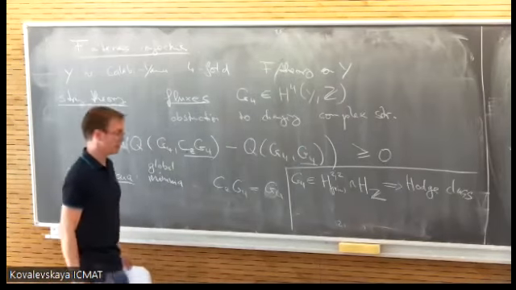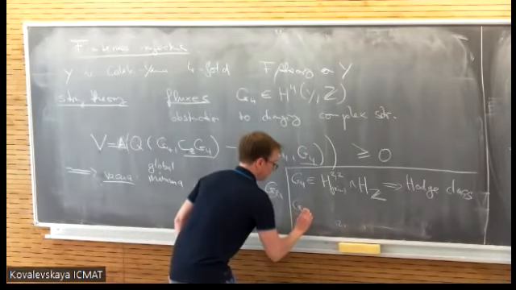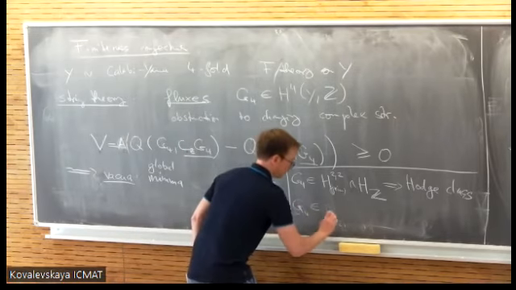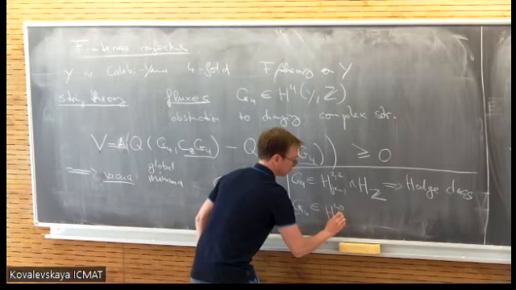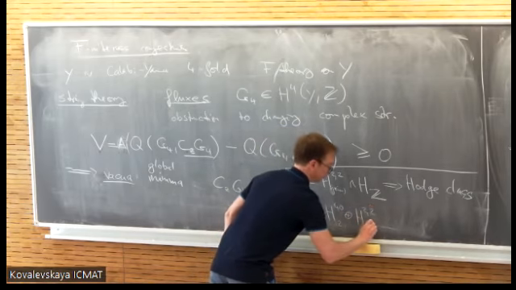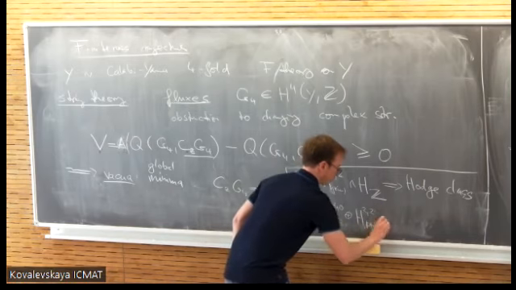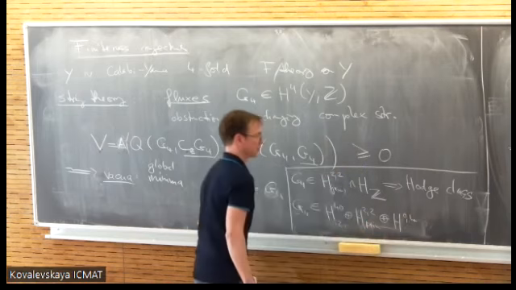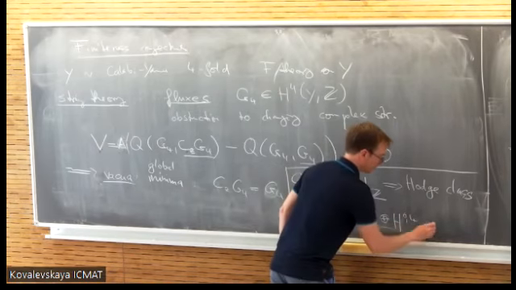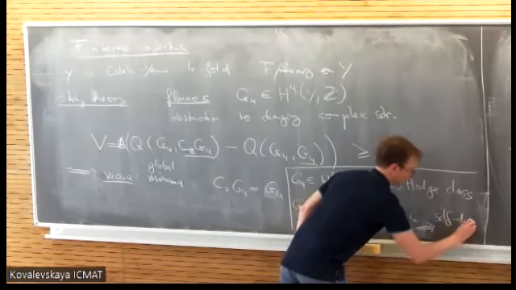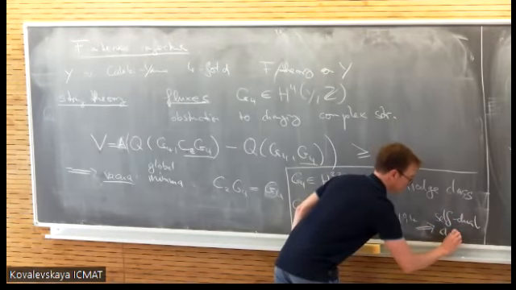That's not the most generous situation which you can have. You can also have G4 being in the 4,0 piece plus 2,2 piece plus 0,4 piece. And then this is what we call a self-dual class.